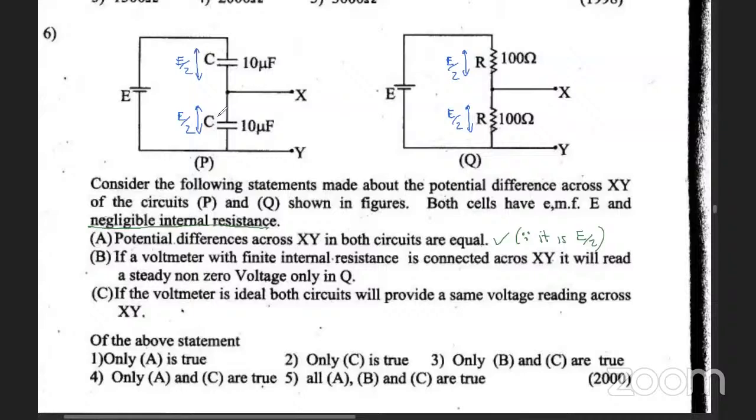It will show E by 2 here, and here steady finite.